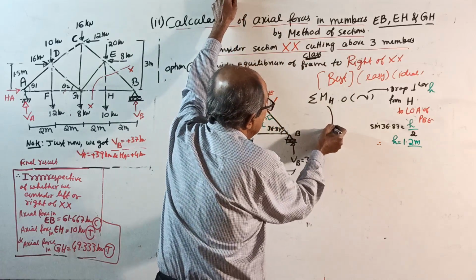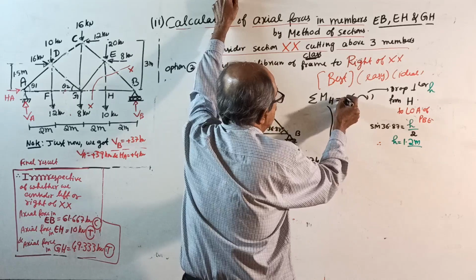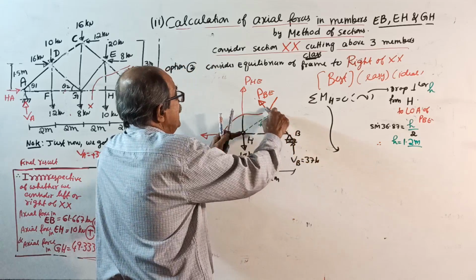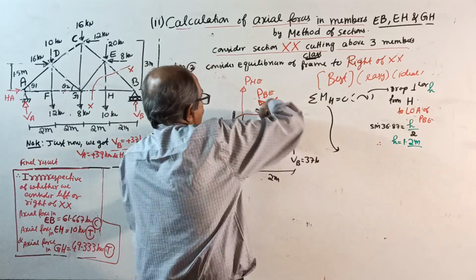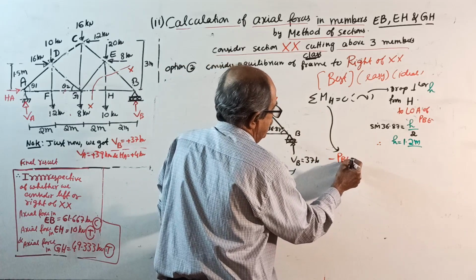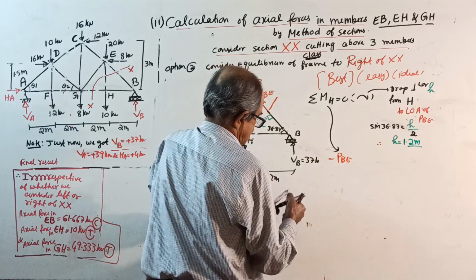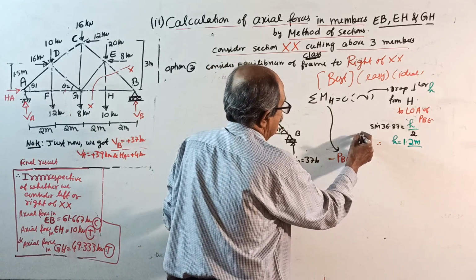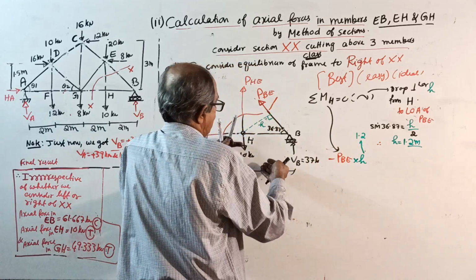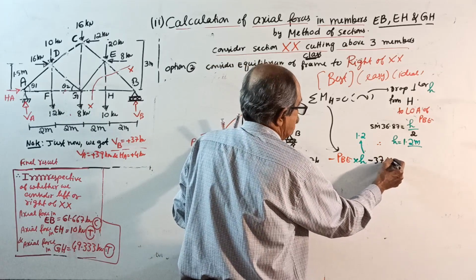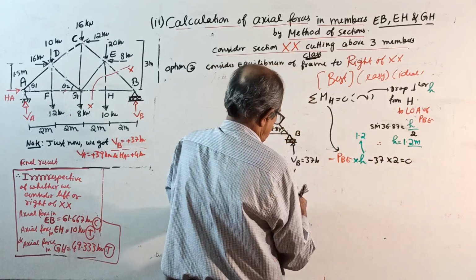Okay, now one thing. Consider sigma M_H equal to 0. Start moment about H point. PBE into h anticlockwise, minus 37 into 2 equal to 0.